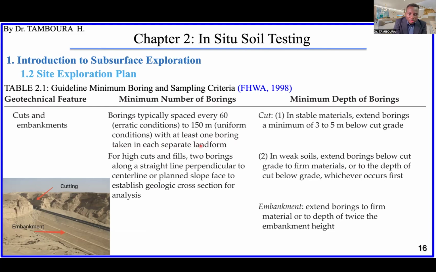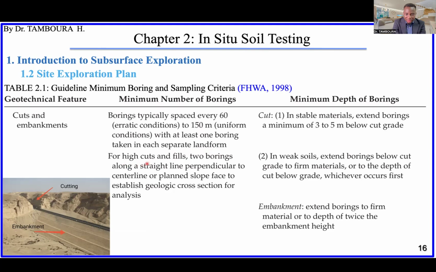For example, if you are going to use 150 meters, maybe from here to here, you have to get at least one here, one here, at least one boring in each separate landform, okay, not platform.